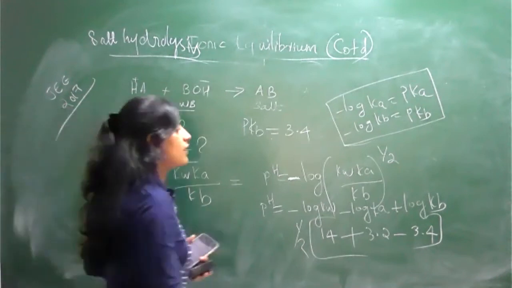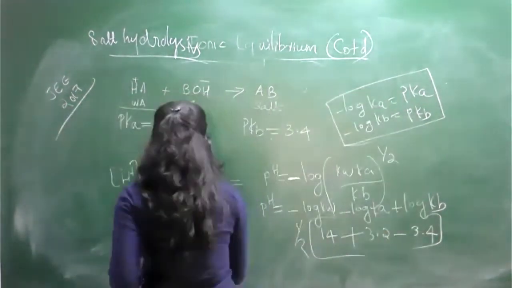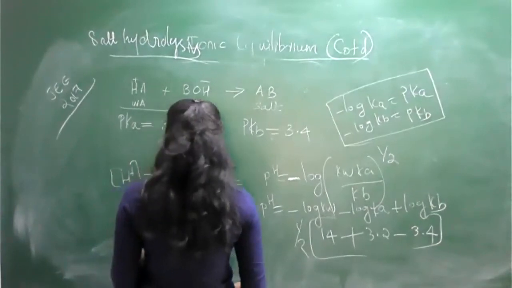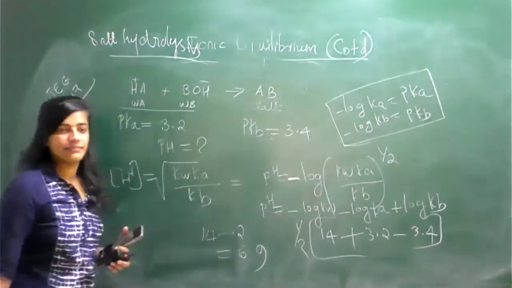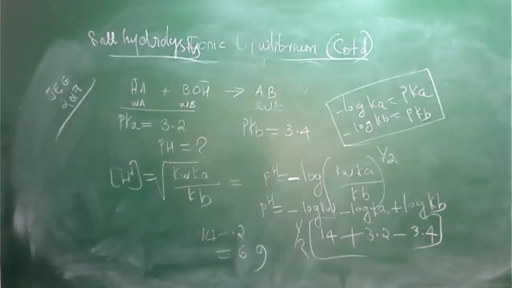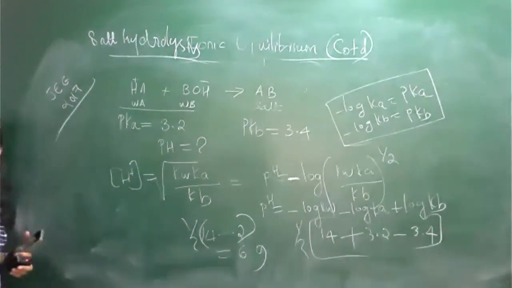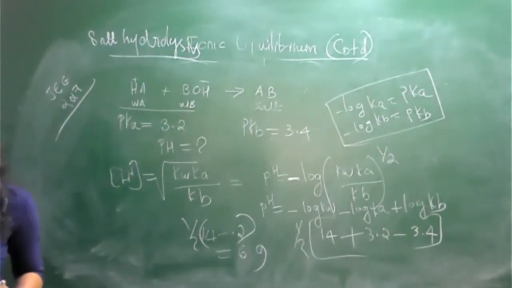So what about the result? 14 minus 0.2, which is equal to around 6.9. Half upon half, right? This is the result.